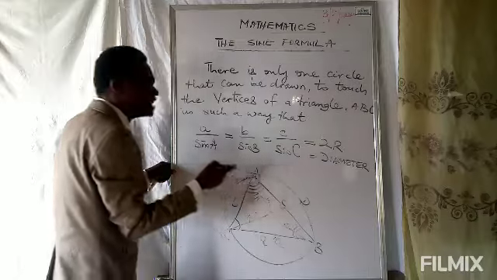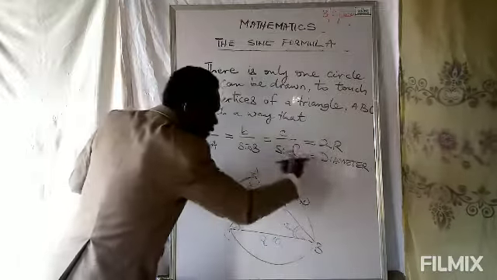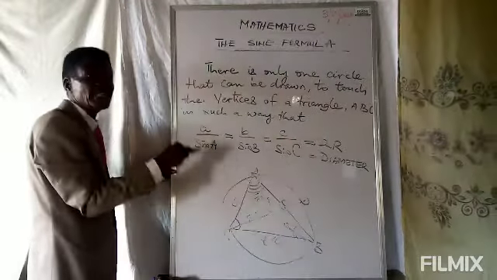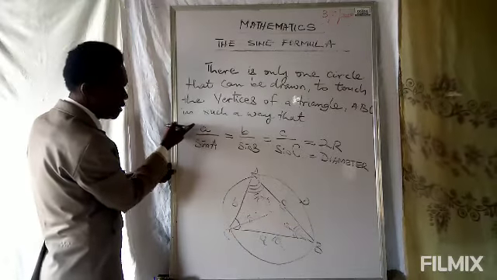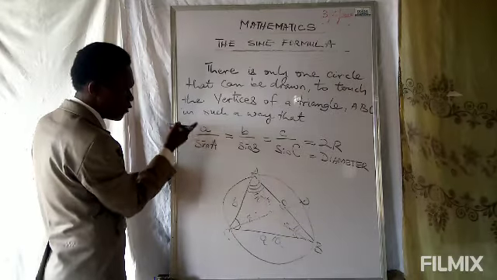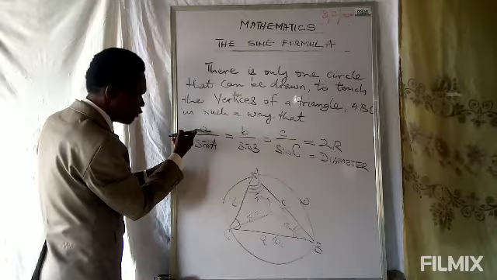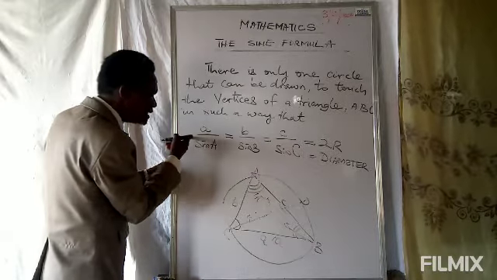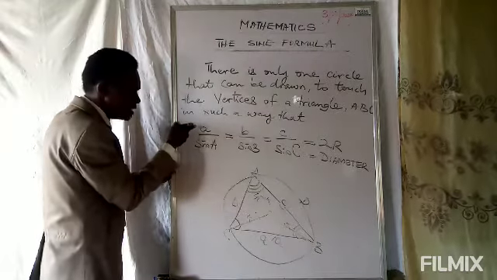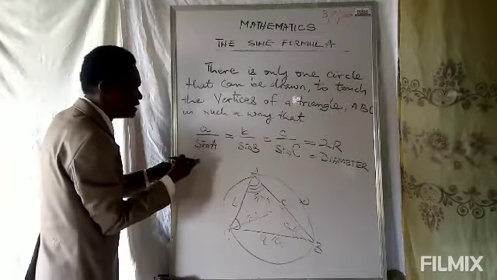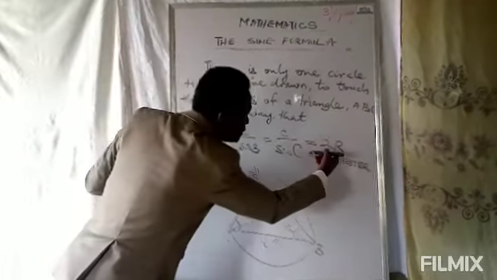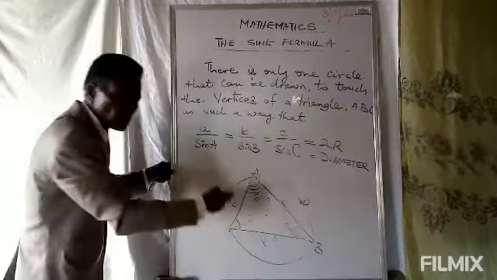Anyone, they will give you one of the variables, and you'll be asked to find the other. So in this case, let's say we are given the length of a, and angle A. Then we are asked to find the radius of this second center circle.